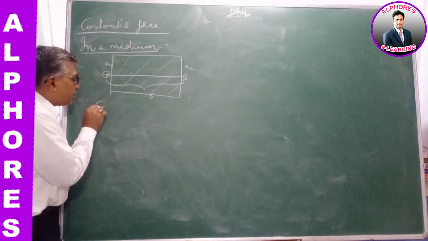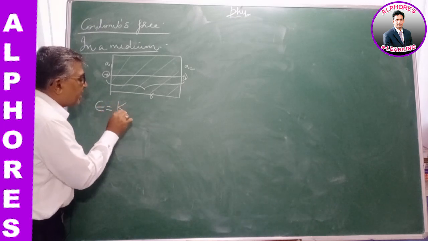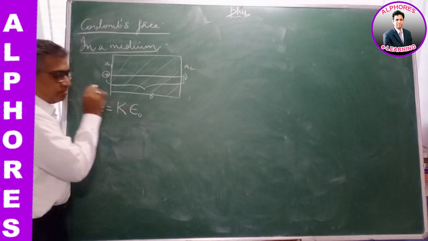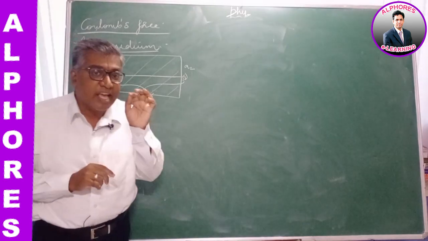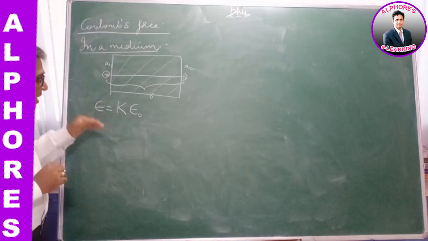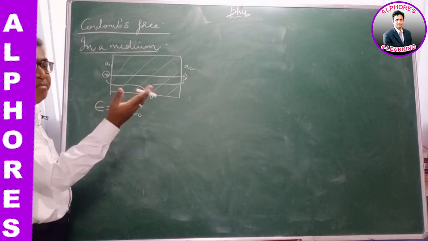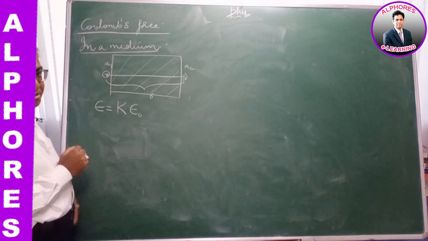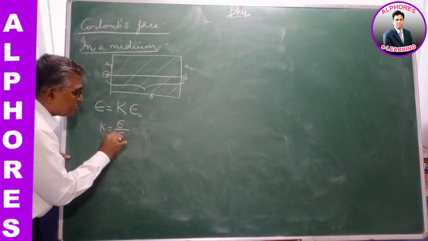This electrical permittivity of the medium is some capital K times epsilon naught. Epsilon naught is the absolute electrical permittivity of free air, vacuum, free space. For any medium, it is epsilon. This is the absolute electrical permittivity of any medium. So epsilon is K times epsilon naught, so K is epsilon by epsilon naught.